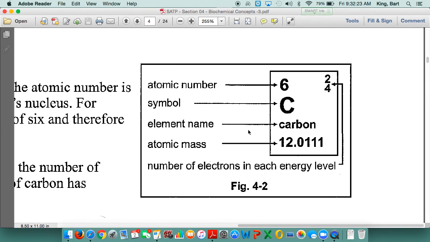You need to know which is which here. Here's your atomic number. Here's the symbol. Here's the name. Here's the mass. And there's the number of electrons. What this is telling us is these are the electrons in the first energy level, and these are the electrons in the second energy level. I'll explain that when I talk about drawing atoms.